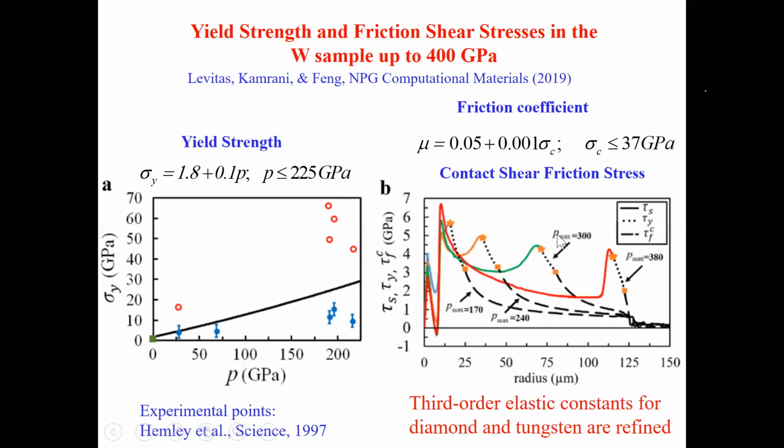You see, for example, for 300 GPa, at the center this is a region of Coulomb friction, then a very small region of plastic friction, and then adhesion, with no relative slide. If someone uses a method of measuring yield strength and shear based on pressure gradient, there is only a very small region where this can be done, and of course this is not reliable. Nobody knows where this region is without simulation.